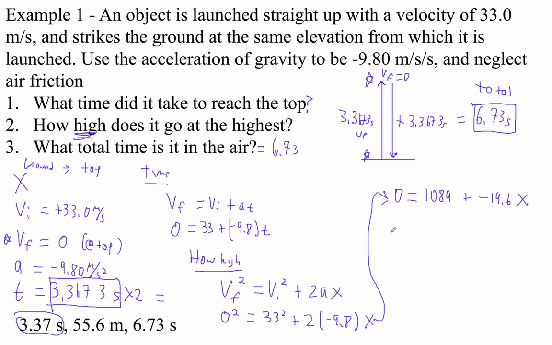Then I'm going to put this on this side, so negative 1089 equals negative 19.6x. I'm going to ignore the minus signs and divide by 19.6. Hopefully I'll get the right answer. Yep, x is 55.56. I'm just going to say 56 meters. Ta-da.